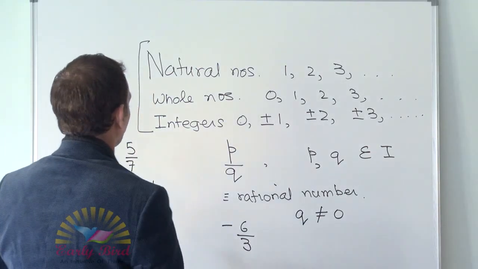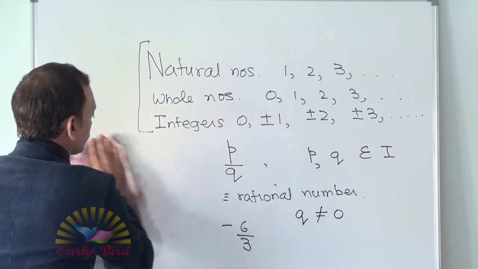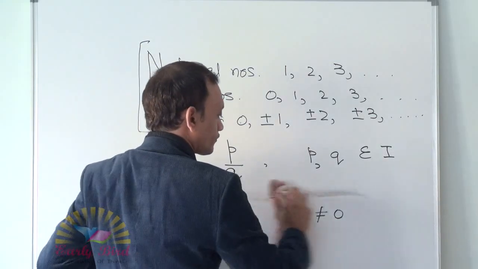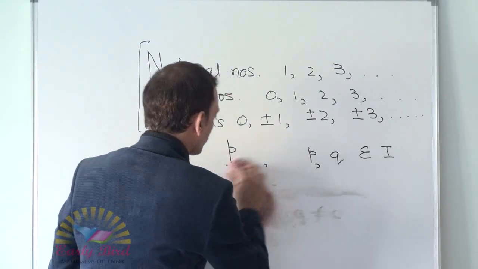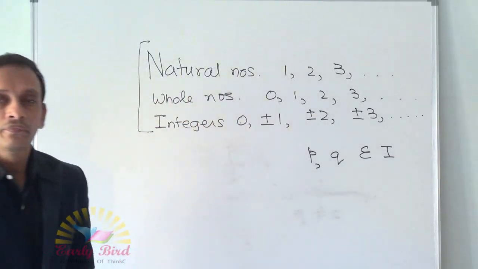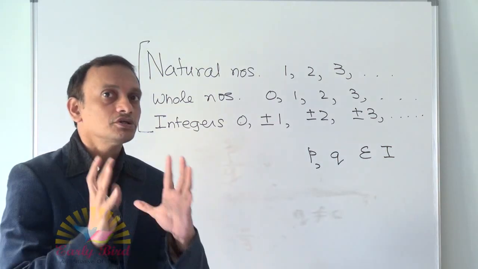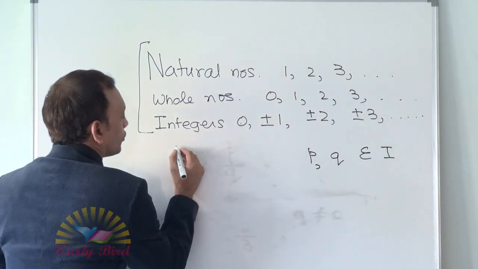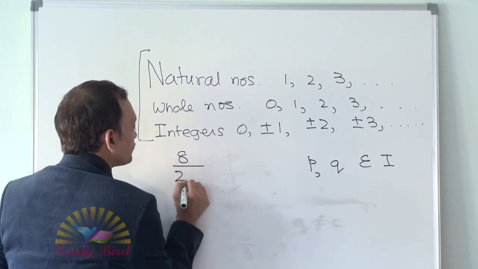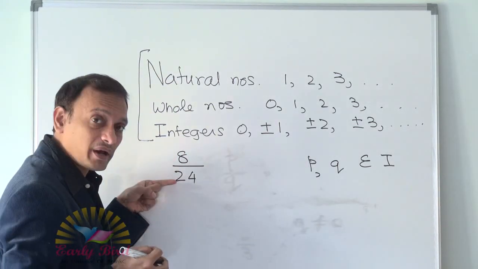Now, rational numbers of the form, let's say, 8 by 24. This is a rational number. 8 by 24.